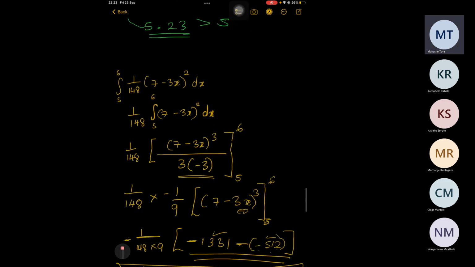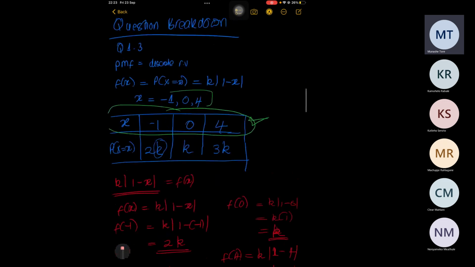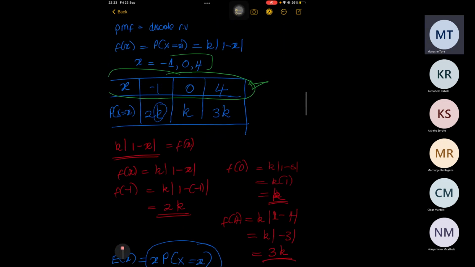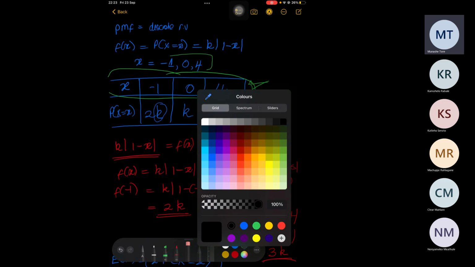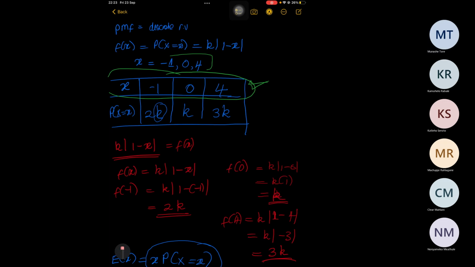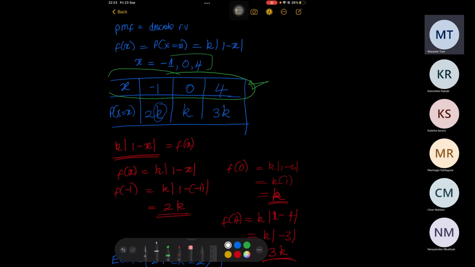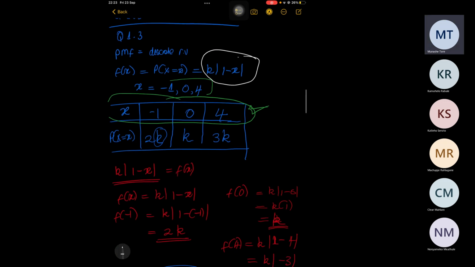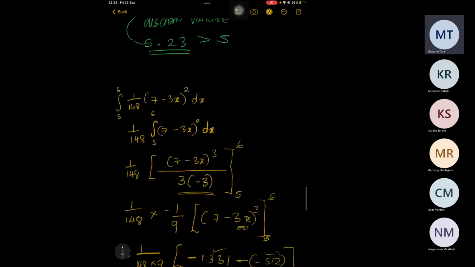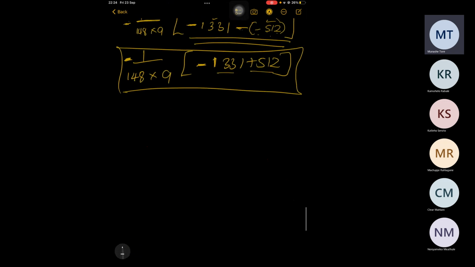As we did with our discrete random variables, you're given a function like this one, and we wanted to calculate the value of k, then we did this and got it. The same also applies to continuous random variables.